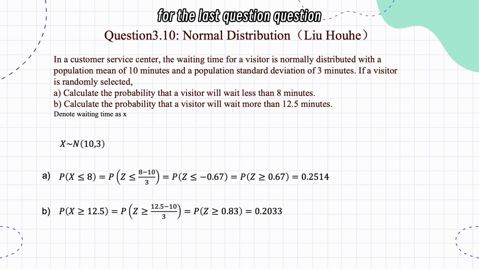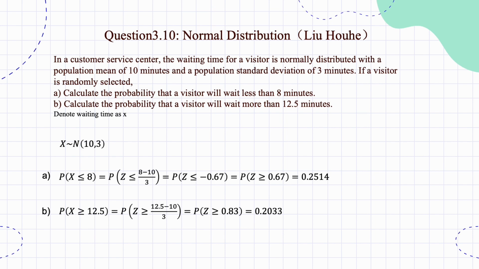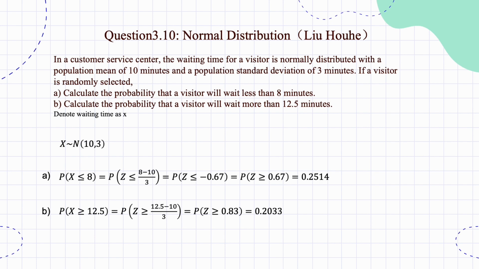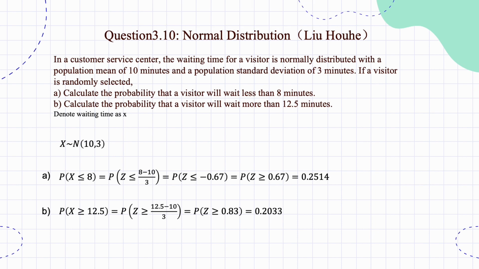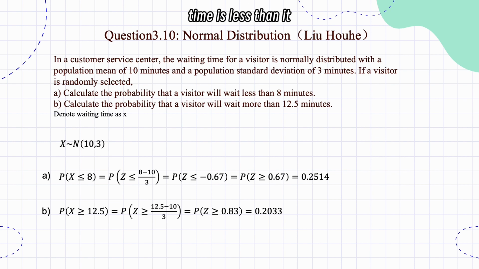For the last question, question 3.10, this is also related to the normal distribution. Firstly, we denote the waiting time as x. The mean of x is 10, and the standard deviation is 3. The first question asks us to find the probability that waiting time is less than 8.